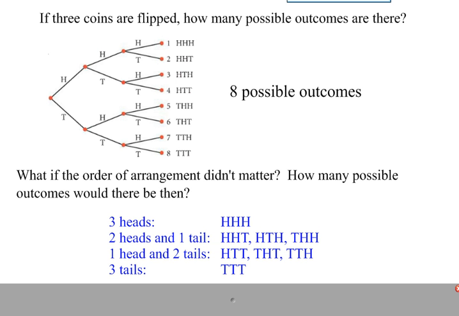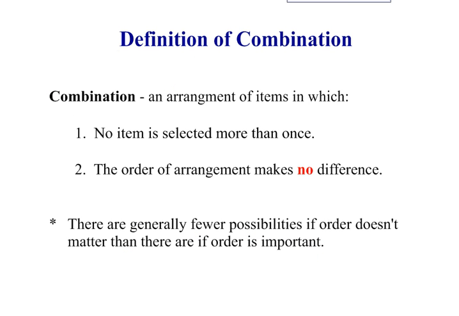Now, the discussion of whether order of arrangement matters is the difference between a permutation, which we learned about previously, and a combination. Here's the definition. A combination is an arrangement of items in which no item is selected more than once, and the order of arrangement makes no difference.